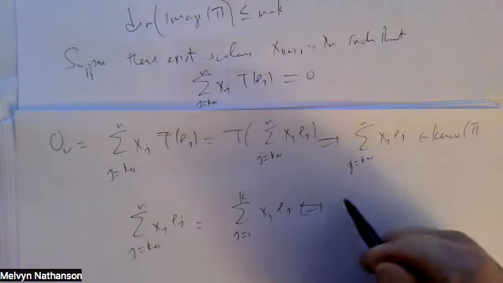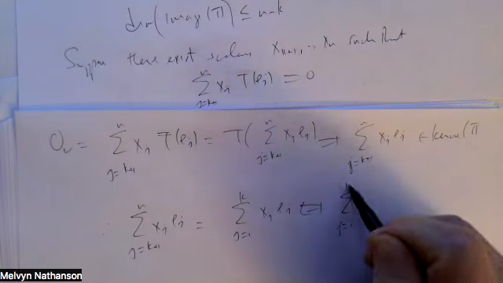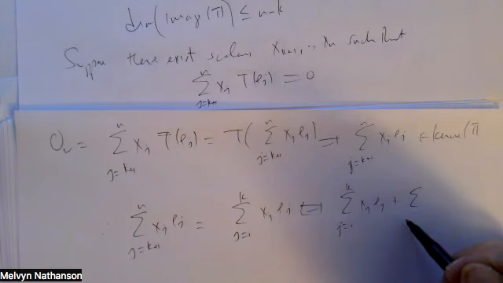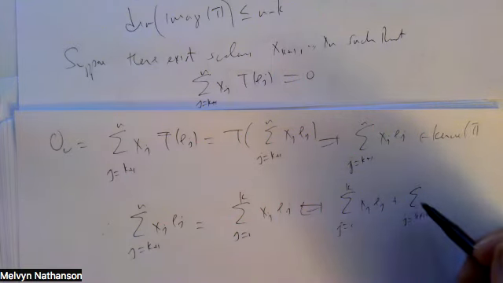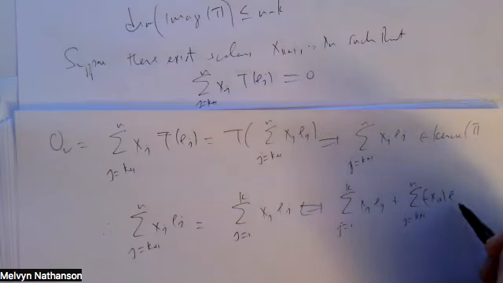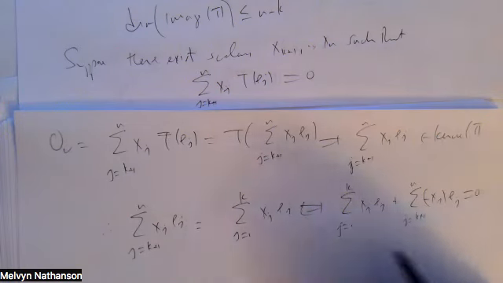So therefore, summation xj, ej, j goes from k plus 1 to n, must be a vector of the form summation xj, ej, j goes from 1 to k. Bringing this over to the other side, summation j goes from 1 to k of xj, ej, minus summation j goes from k plus 1 to n of xj, ej is 0.